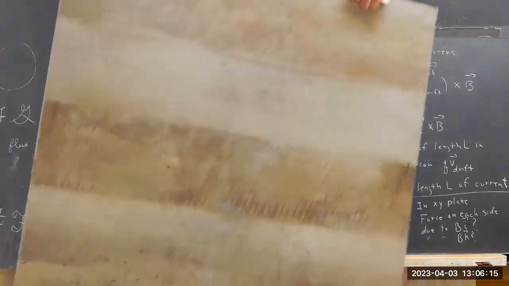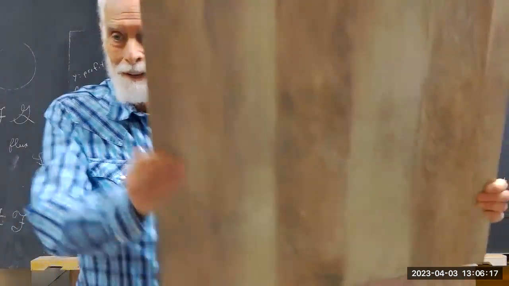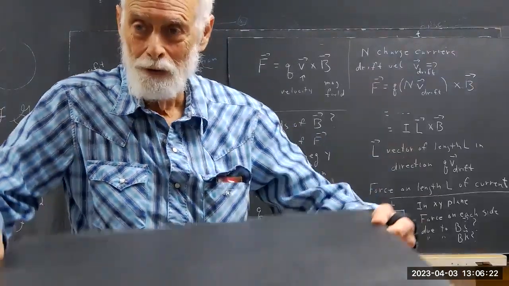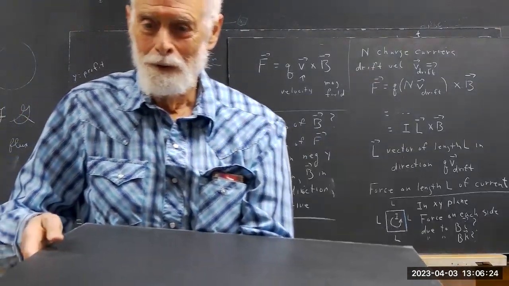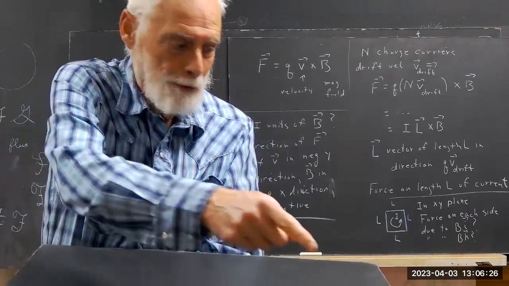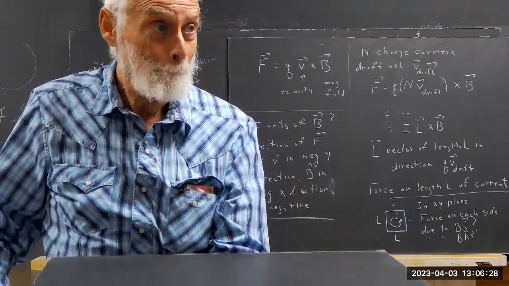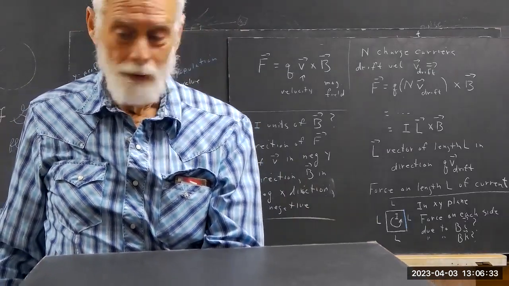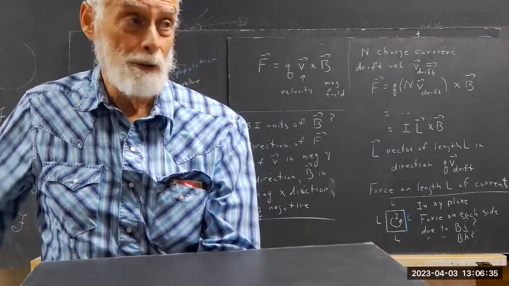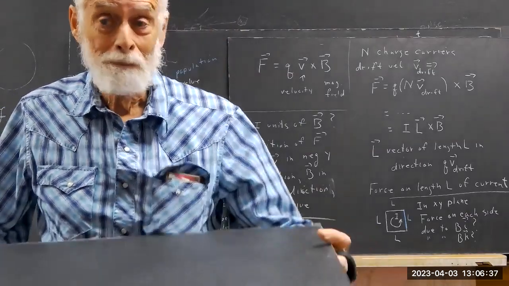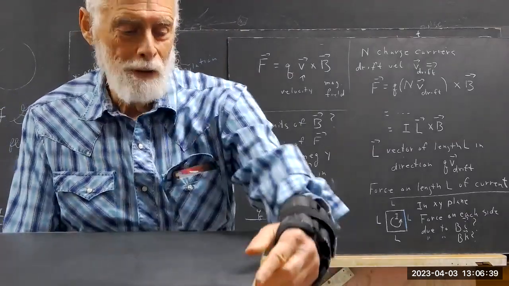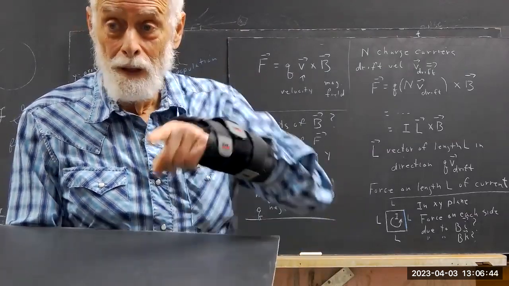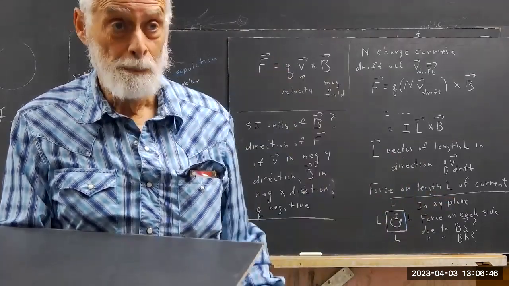Okay, so here's our loop. Oh, man. It was too big. Okay, well, we see. This is more or less a square. Okay, so we got a current going from us here, up here, here, and here, right? Current is I. L is the length. The length, I think, is 2 feet, which is about 60 centimeters. Okay. So we got 60 centimeters here. Let's take this part of the loop. Okay, now X, Y, Z as usual.